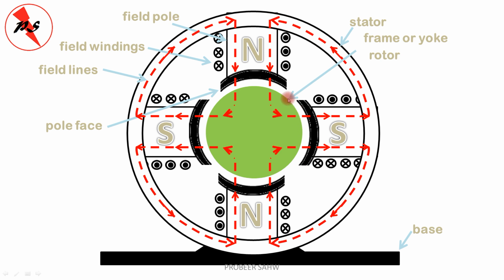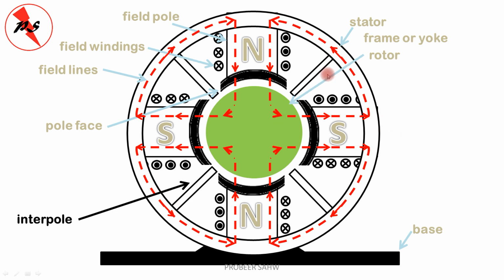Now on this rotor we have to put an armature winding for the function of the DC machine. Before that, please understand that there are certain structures like this, called interpoles, also present on the inner periphery of this frame or yoke of the stator.